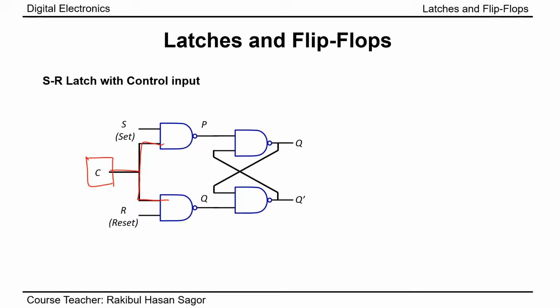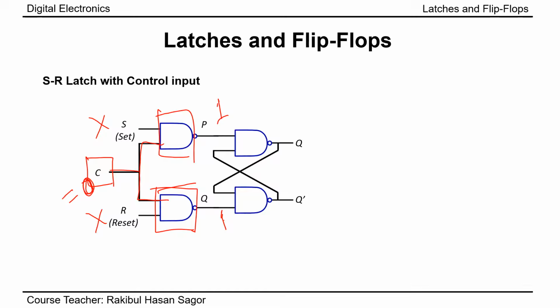Now, when C is equal to 0, we do not care about the value of S and R, as one of the inputs of this NAND gate is 0. The value that will be available here is 1, and the value that will be available here is 1.